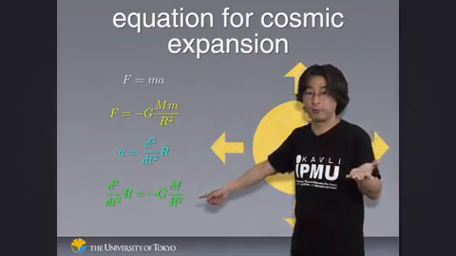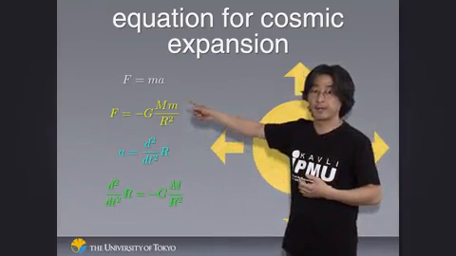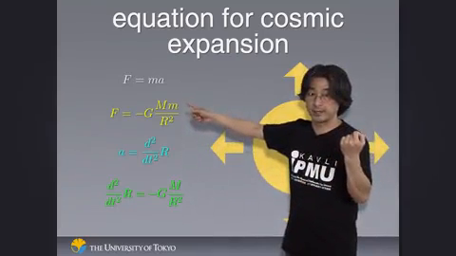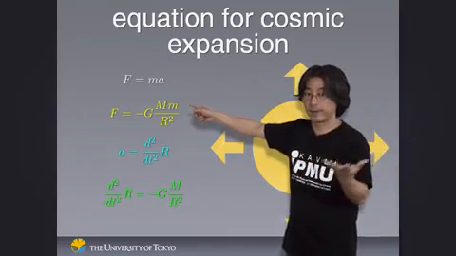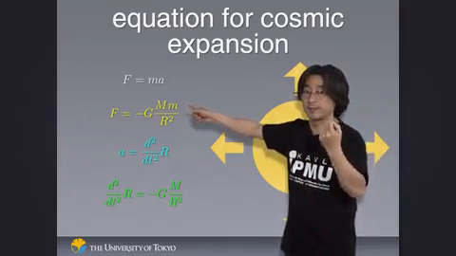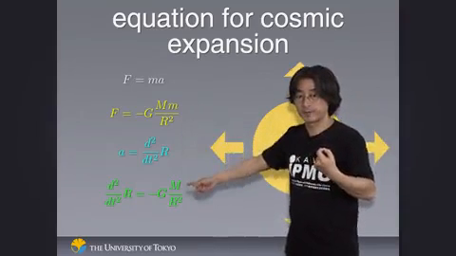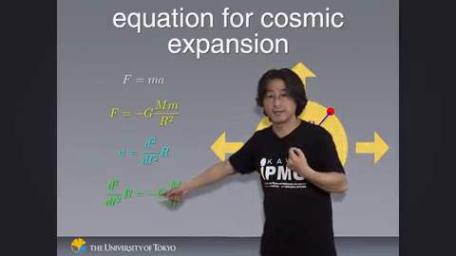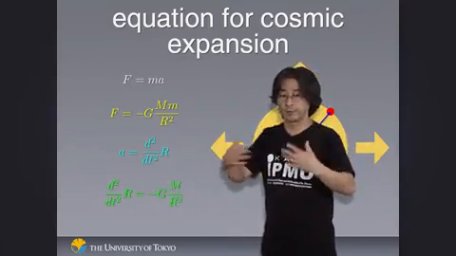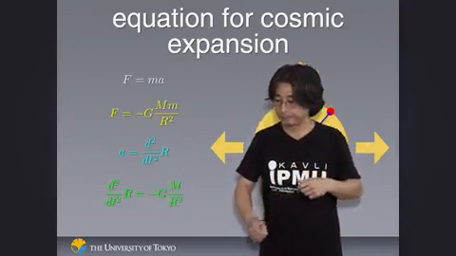And as we remarked before, it doesn't depend on the mass of the object you're using to study it, because gravity is actually the nature of space itself. It doesn't depend on the particular mass of your particular object. So that's the answer you get, and this negative sign here is telling you that the universe must be slowing down.